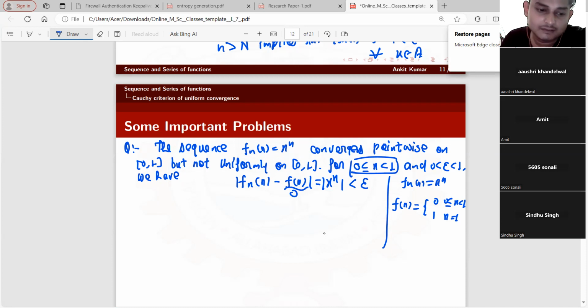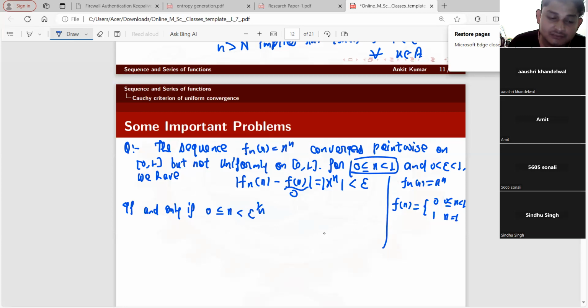So mod of x to the power n is less than epsilon if and only if x is less than epsilon to the power 1 by n, and epsilon to the power 1 by n is less than 1 for all n belonging to capital N.